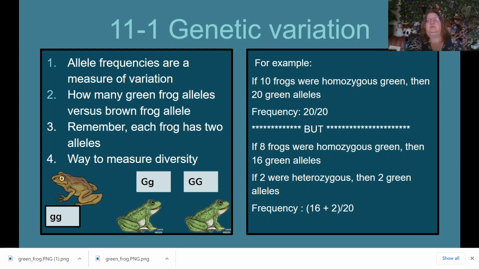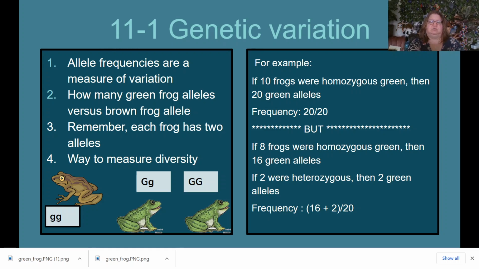But what if there are only 8 frogs that were homozygous green? Then we would have 16 green alleles there. What if the remaining 2 frogs were heterozygous? Then, because they're heterozygous, we have 1 green allele in each frog.